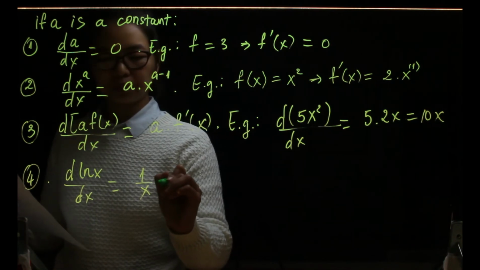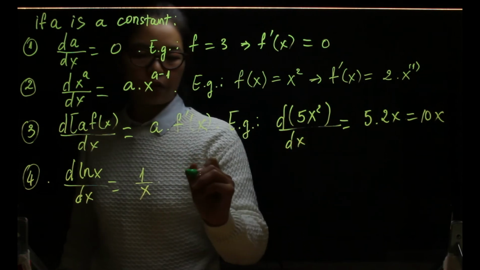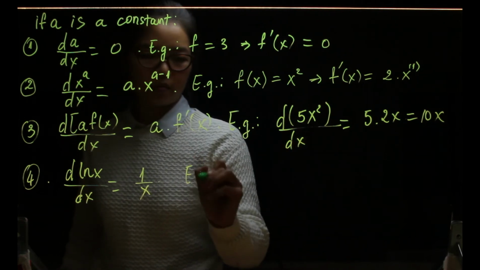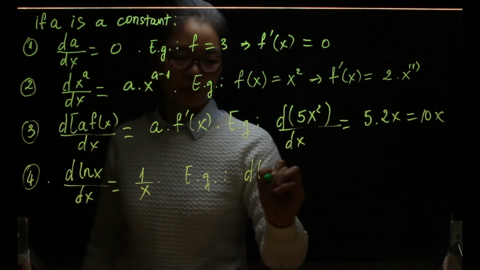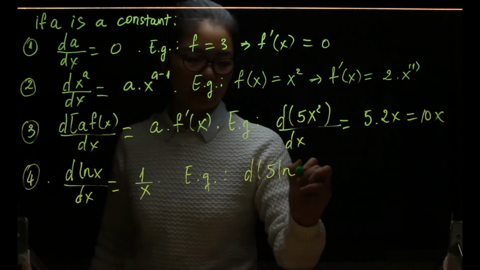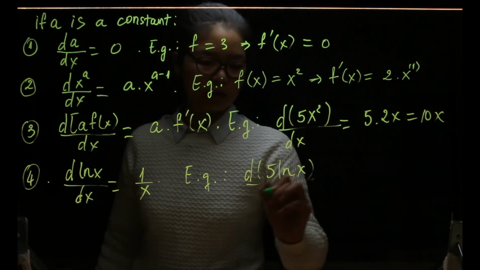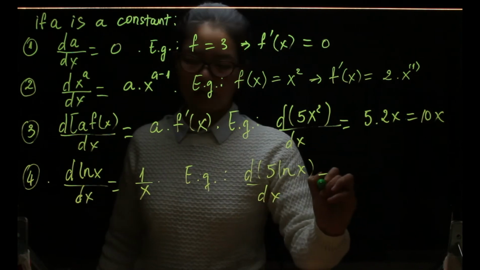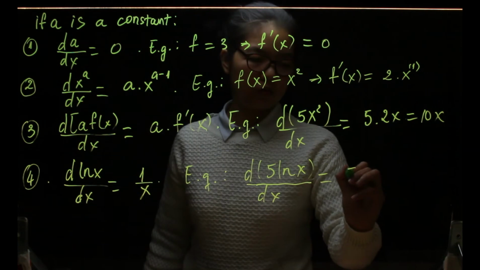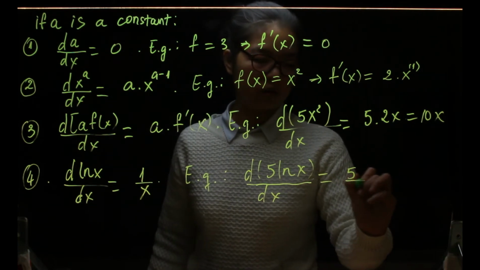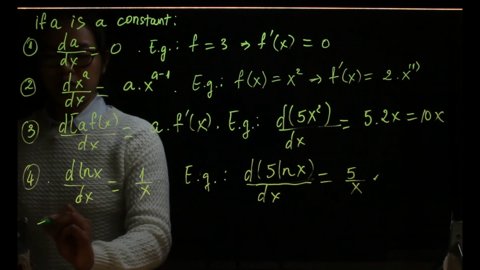Alright? And if we have a constant like before, then the derivative of 5 times the natural log of x, then we have 5 over x.